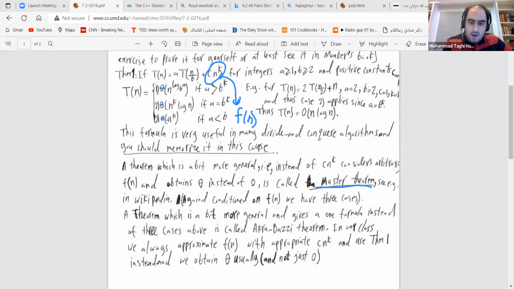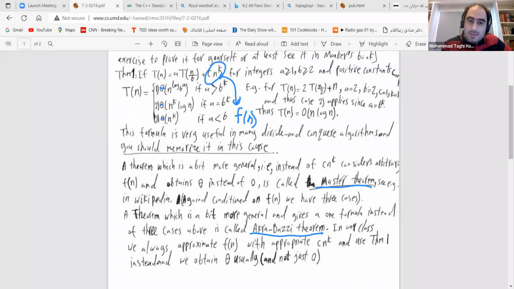There is also one other generalization called the Akra-Bazzi theorem, which is the same as here, but you don't have these 3 cases. It's a more general case that contains all 3 cases in one statement. So you can see that this is the theorem that we needed in this class, with the O notations only.